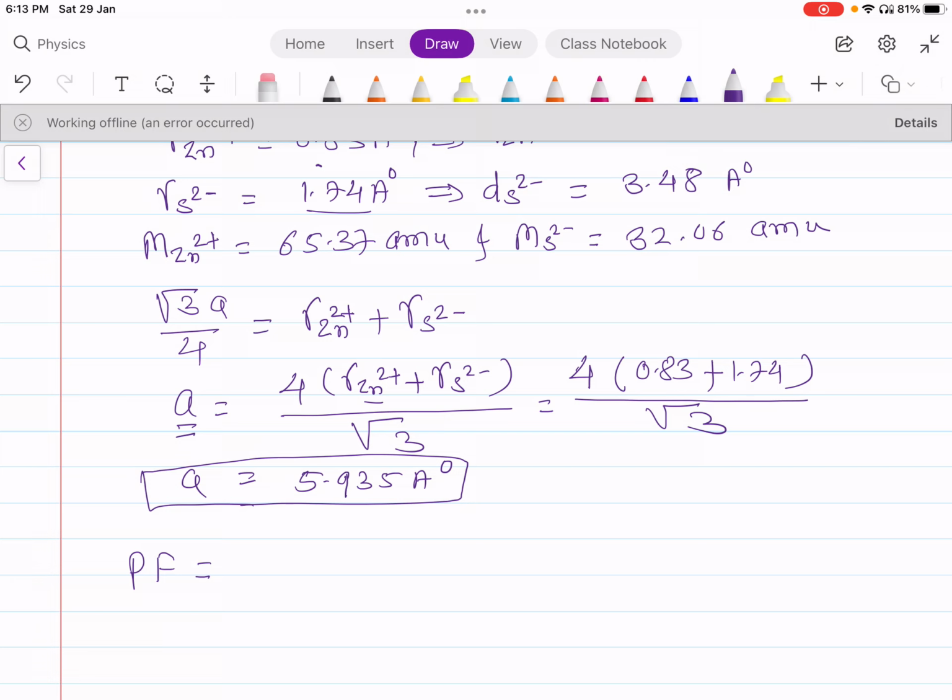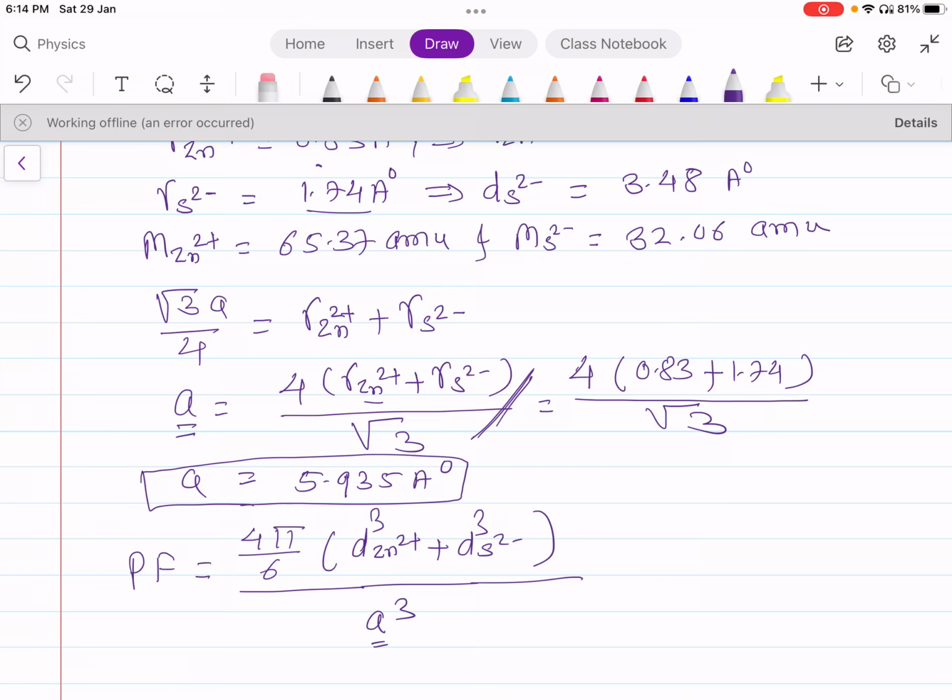And that's why packing factor, you should remember the formula for this. 4 common, so 4 pi into pi by 6 into diameter cube of zinc ion plus diameter cube of sulfur ion divided by A cube. Now A, you can substitute this formula for A, but since we already calculated the value of A, I don't want to calculate it again.